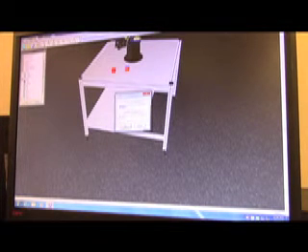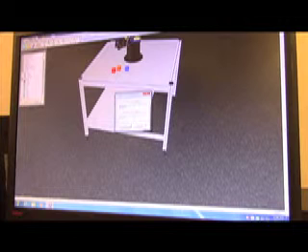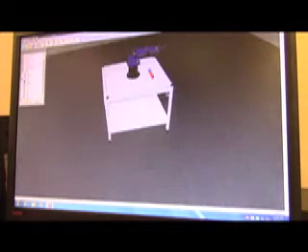Cube 2, 300, negative 100. Cube 3 position, 300, negative 200. Alright, cool. So they're all lined up. The blue one's directly in front, the other ones are slightly off to that one side there.